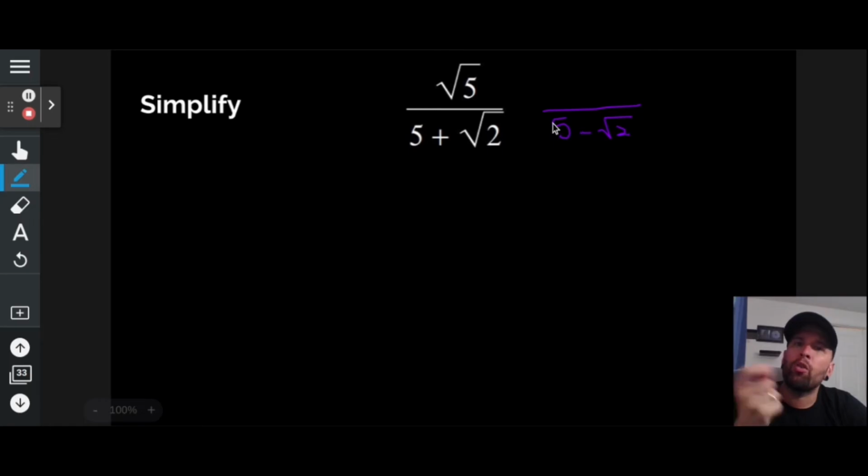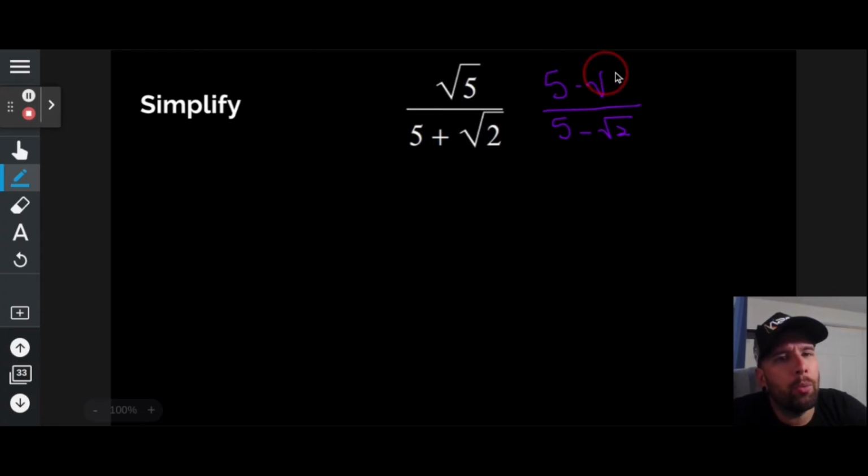And difference of squares means a square minus a square. And the nice thing about a square is it can't be a square root, because if you square it, the square root goes away. So difference of squares is a square minus a square, which means no more square roots. So the top I have to do the same thing to. 5 minus root 2.